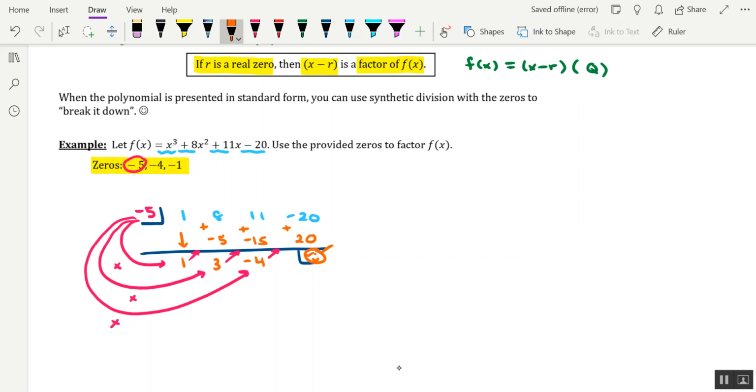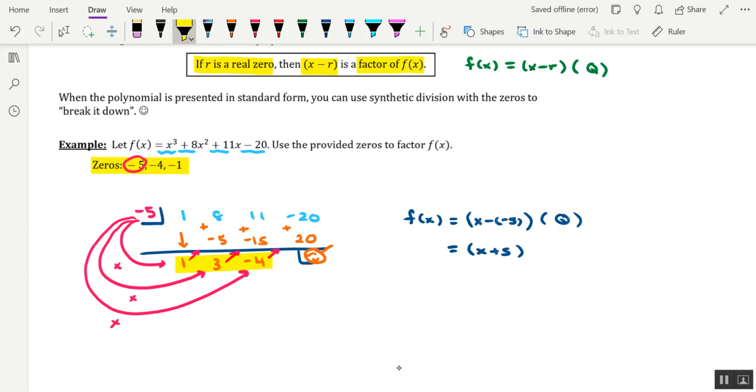So we know that -5 is a real zero. That means we can start to write f of x in a factored form where one of the factors is x minus -5. And then to the right of this will be our quotient polynomial. Now our quotient polynomial is going to come from these three numbers.